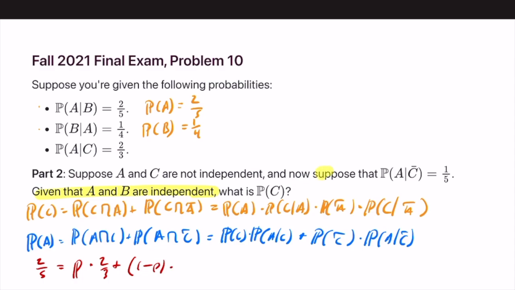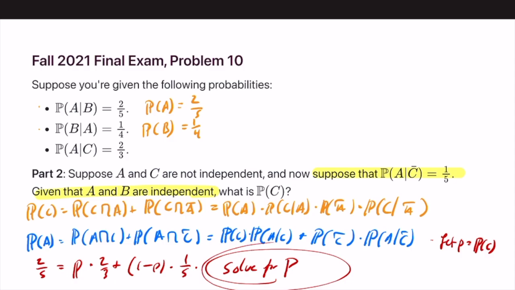We can shove that in there, and we're letting P equal the probability of C. We really can't go any further with this. We just need to solve for P. But sometimes knowing that you can't go any further is also important, and I believe in this problem this is as far as we can go with the givens that we have.